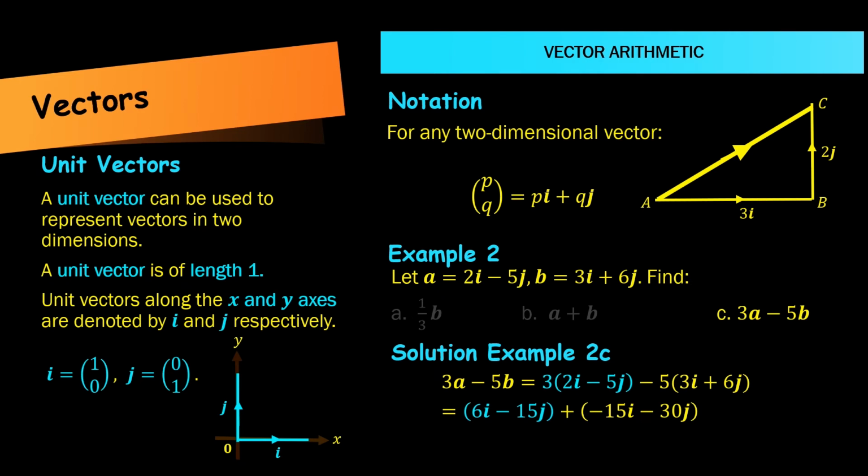And here's minus 5b, expanded, minus 15i minus 30j. So collect the i terms together to give 6 minus 15i, and the j terms together to give minus 15 minus 30j. This gives us minus 9i minus 45j.